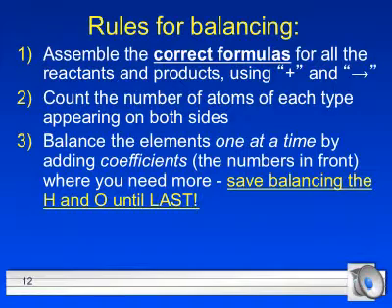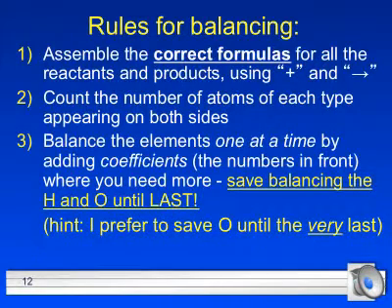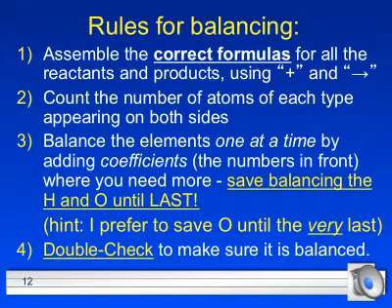I just make a list, and I start at the top and I work my way down, but I always save hydrogen and oxygen till the end because those guys often appear in more than one compound. So if you try to balance them first, it actually is much more difficult. If you wait till the end, those usually balance themselves, and I save oxygen until the very, very last. And then the step that everybody likes to skip is double check your answers.